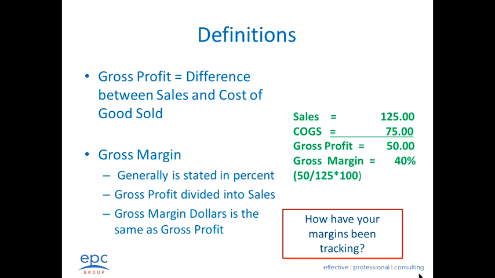Because you may uncover, and I'm going to be talking about this in a couple minutes, some products and services that aren't making enough money for you. We call those dogs as opposed to cash cows. So my question for you here is, how have your margins been tracking?